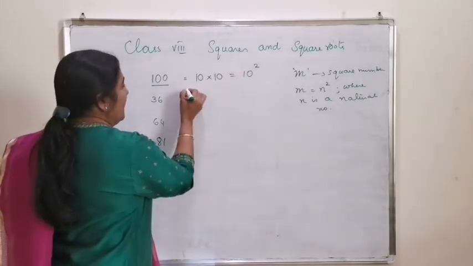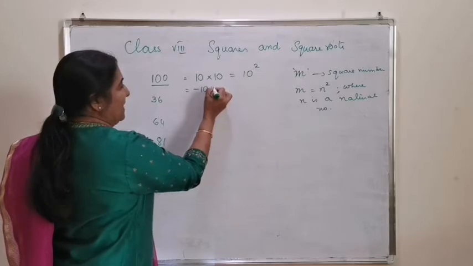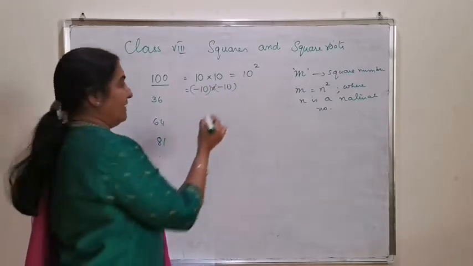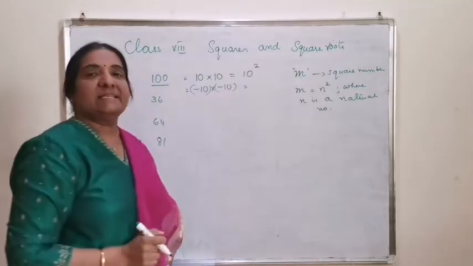Also, 100 is the product of minus 10 into minus 10, where minus 10 is an integer.